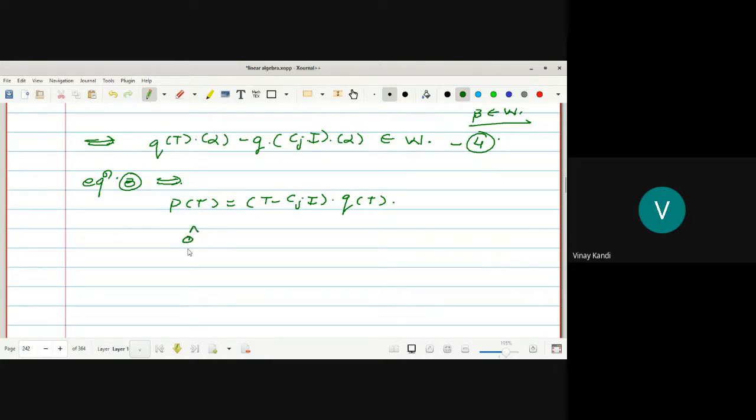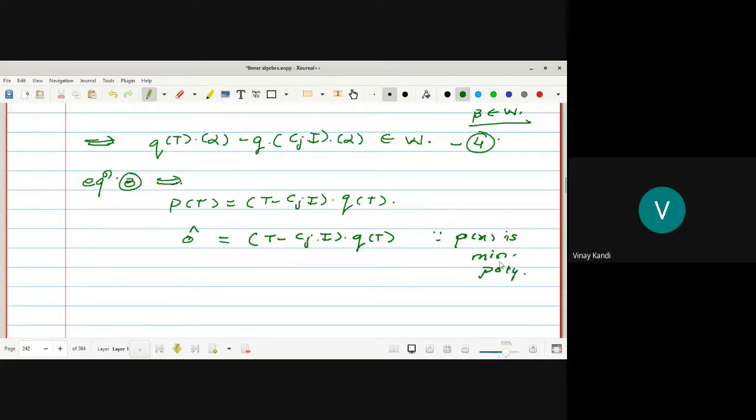Zero operator. Why? Because we assumed that p of x is the minimal polynomial. So this implies this is equal to t minus cj of I into q of t. What is the reason? P of x is the minimal polynomial, we assumed.